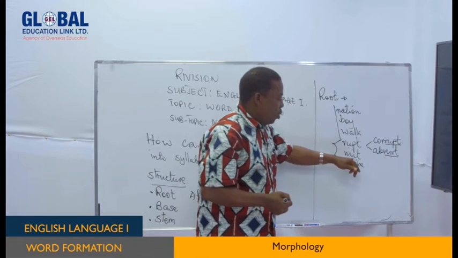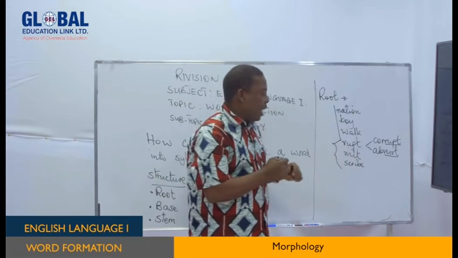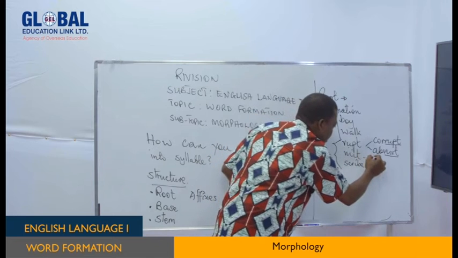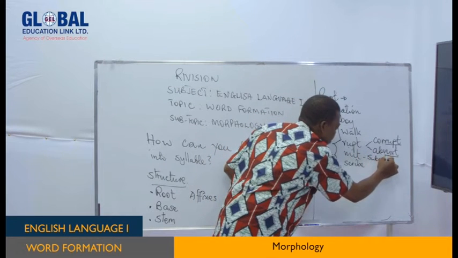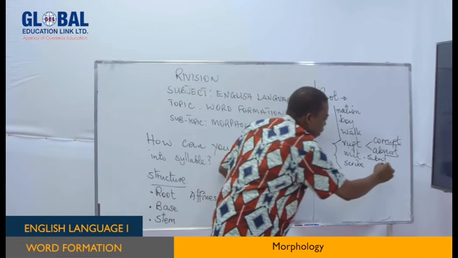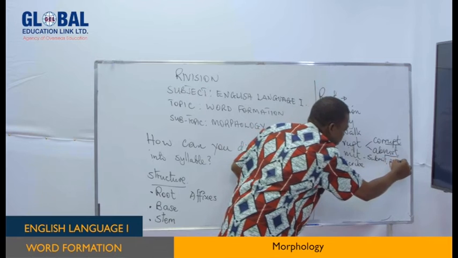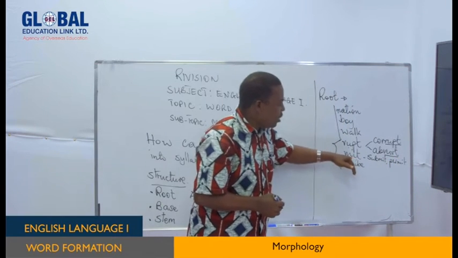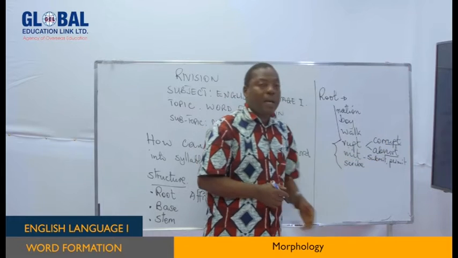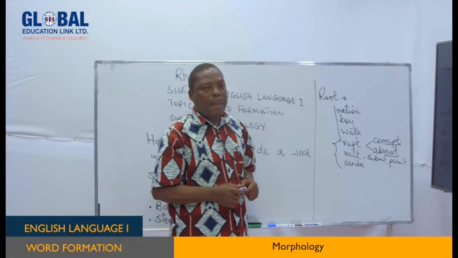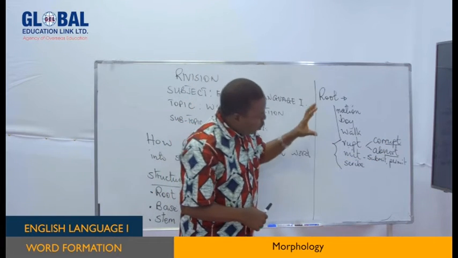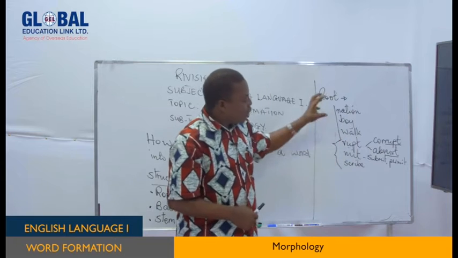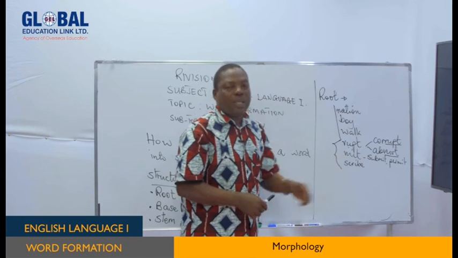The same applies with this meet. You can have submit, you can have permit as well. This element seems to have been shared by different bases. We call them roots which are not recognizable as words.